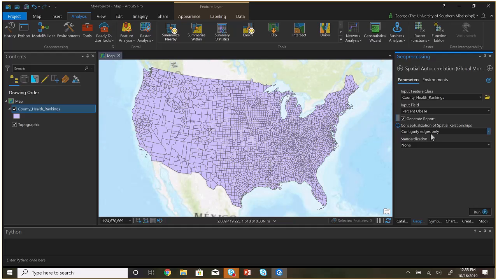In other words, are counties that tend to have obese people next to other counties that tend to have obese people, or are they not related? Are there obese people everywhere, spread into the population as a whole? So some counties are obese, some counties aren't, but there's no spatial pattern to it. What do y'all think?